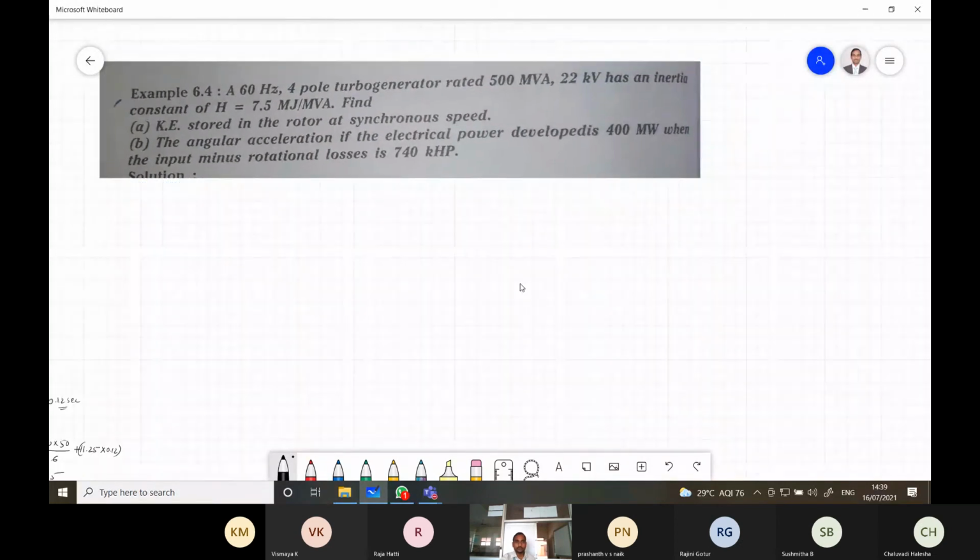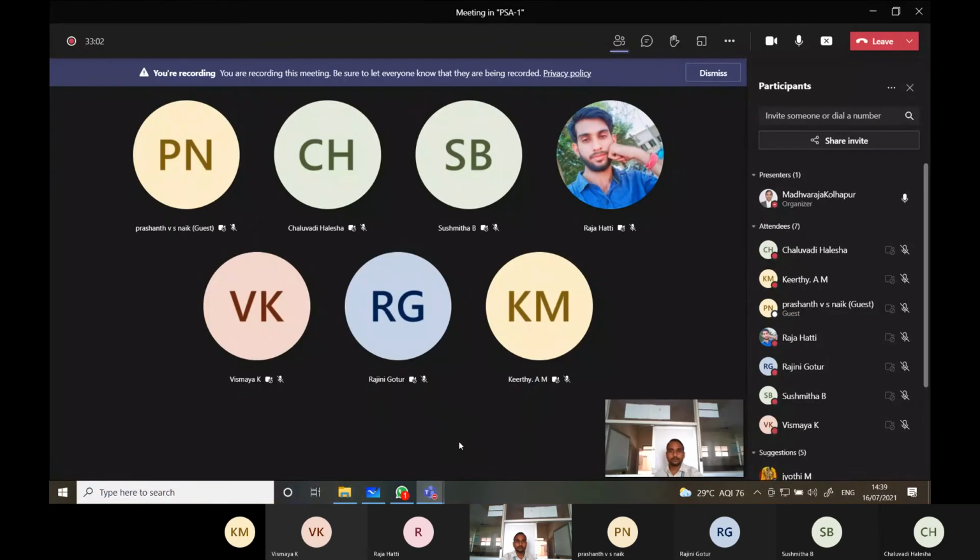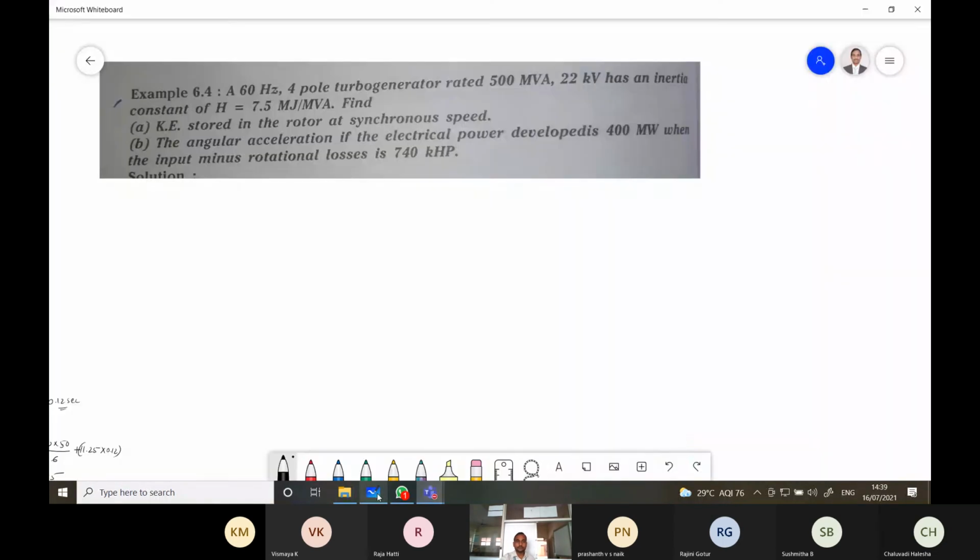A 60 Hz 4-pole turbo alternator rated 500 MVA, 22 kV, has an inertia constant of H equal to 7.5 megajoule per MVA.